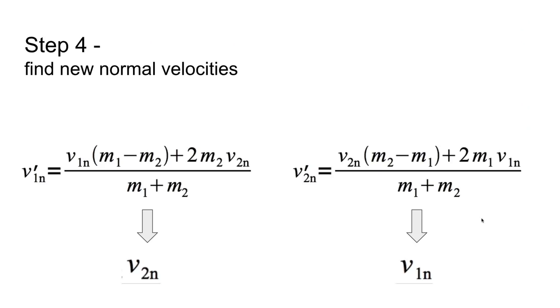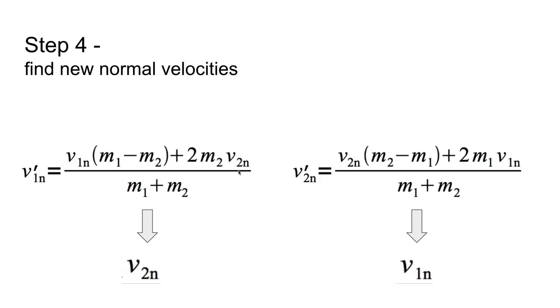Step 4, find new normal velocities. We want to find the normal velocities after the collision. And for that, we can use the formula for elastic collisions in one dimension. And because both of our objects have the same mass, what we get here is rather simple.